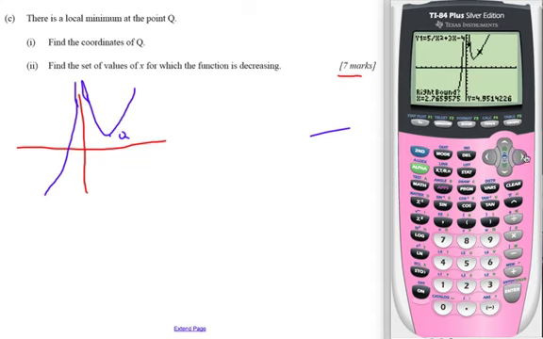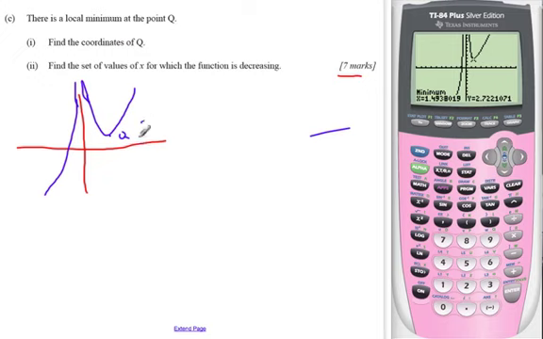Carry it over, somewhere to the right of the minimum, enter, and then press enter again. There's our minimum point. We're going to give that to 3 significant figures. So point Q to 3 significant figures is 1.49, comma, 2.72.